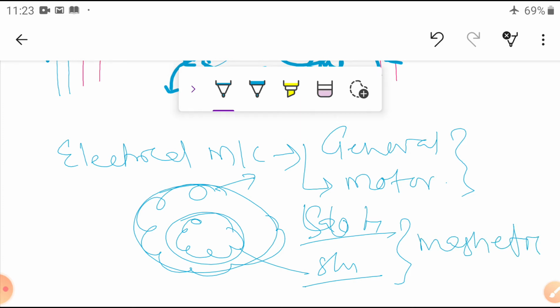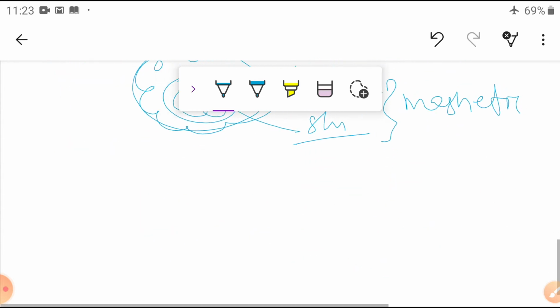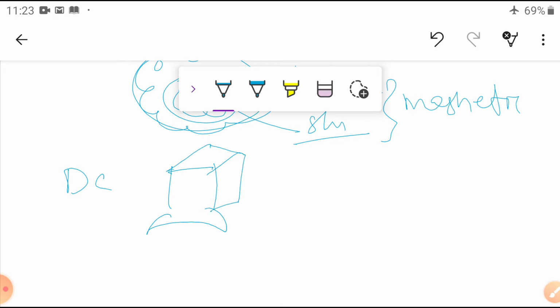So magnetic material. What are the magnetic materials generally used in our electrical engineering? As we have seen in DC machines, the DC motor poles are laminated. What is the lamination thickness?